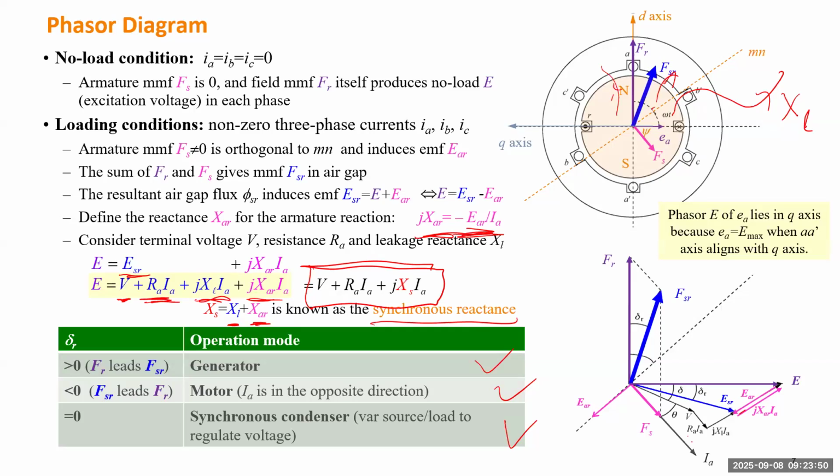If you oppose the direction of Fs, this is Fs. So based on the parallelogram, this will be the total magneto-motive force. So this one will be leading the rotor revolve. So this will become motor mode. We will come back to this one later in the section about reactive power compensation.